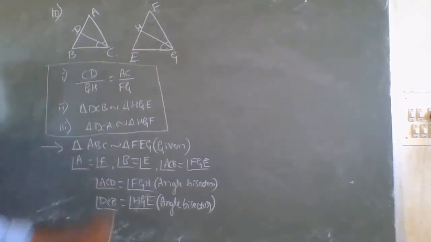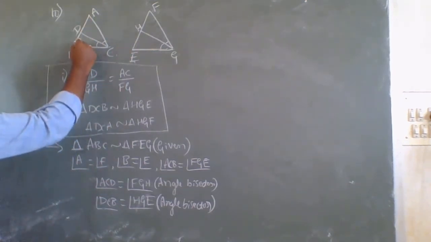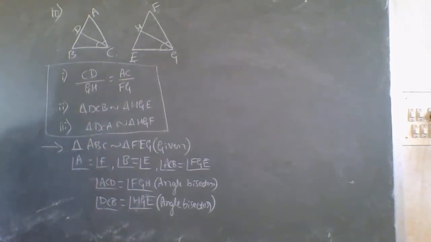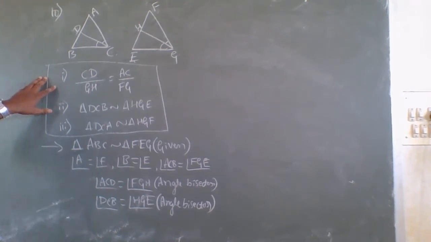Here these three angles are equal because those are corresponding angles of similar triangles. Now by using this we can prove these three. So the first one we have to prove is CD by GH equals AC by FG.